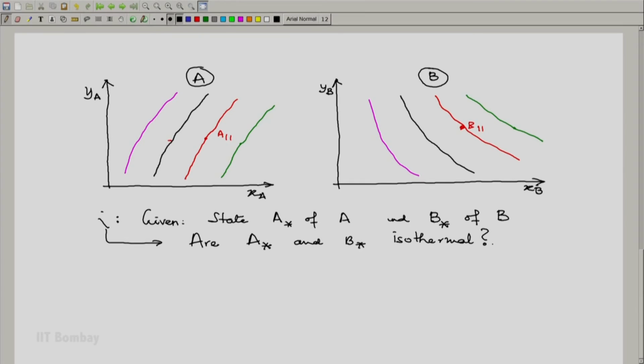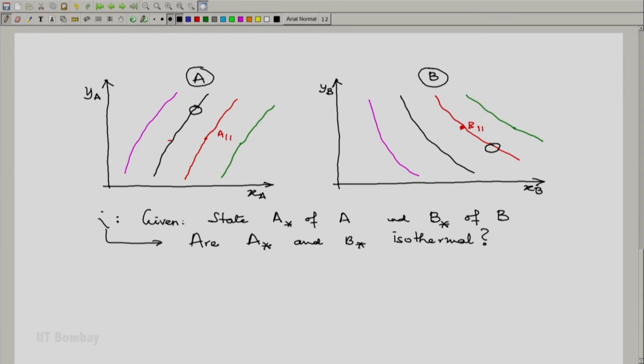And how do we answer the question? If we have mapped the state space of A and the state space of B very nicely, then all we do is locate A star in the state space of A. It is possible that A star happens to lie on the black isotherm, and it is possible that B star happens to lie not on the black isotherm but on some other isotherm, say the red isotherm.